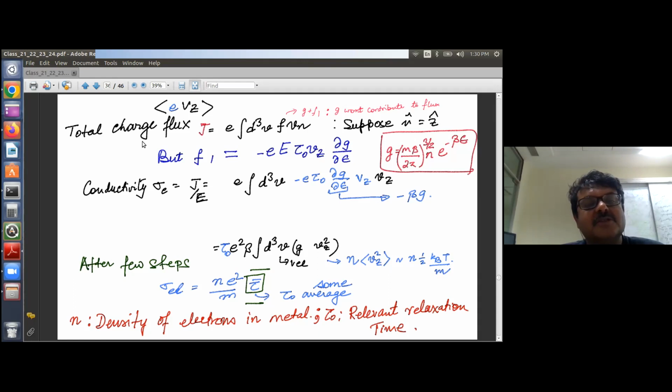So that is not going to contribute to the charge flux. What is going to contribute to the charge flux? Only the non-equilibrium part, which is f1, and that we have substituted here. So e d3v, f0 or g doesn't contribute, and all that we have is f1. So you have e tau 0 Vz del g del E, and from here this V dot n is Vz.